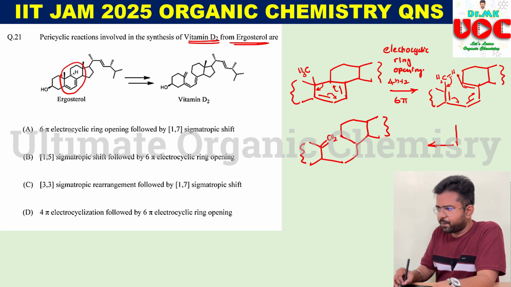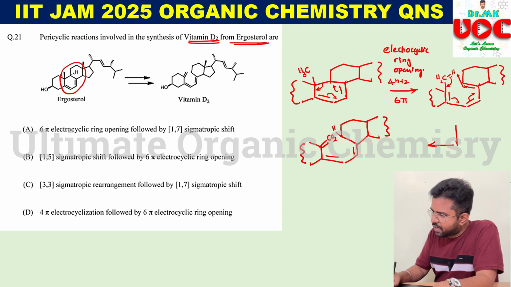There will be a double bond here, double bond here. That's it. Hydrogen will be migrating towards here, so that is a rearrangement taking place. And this carbon hydrogen bond is broken here.